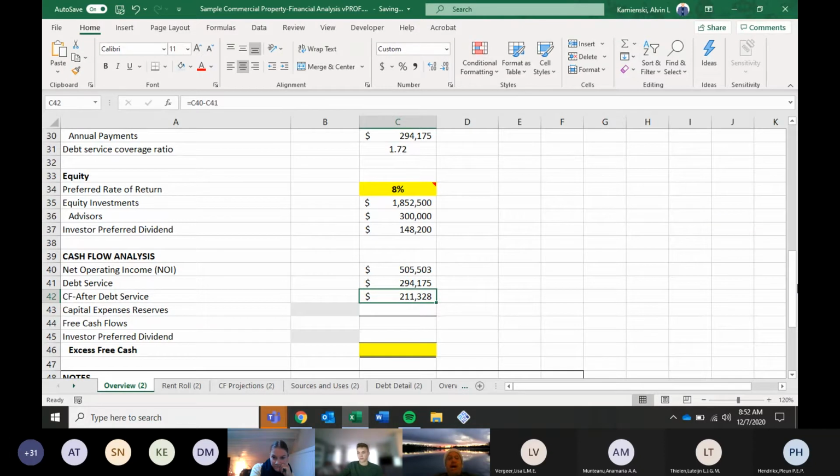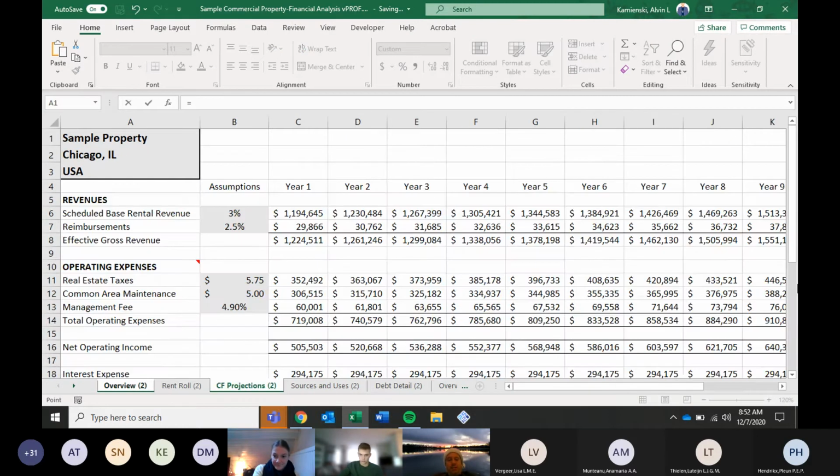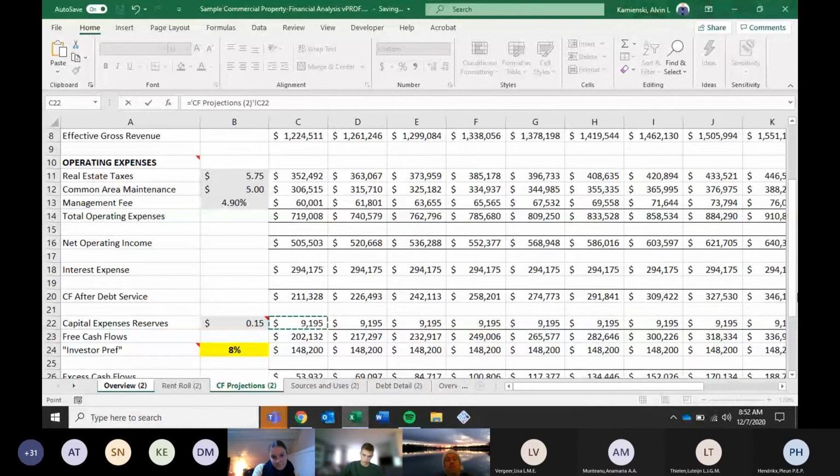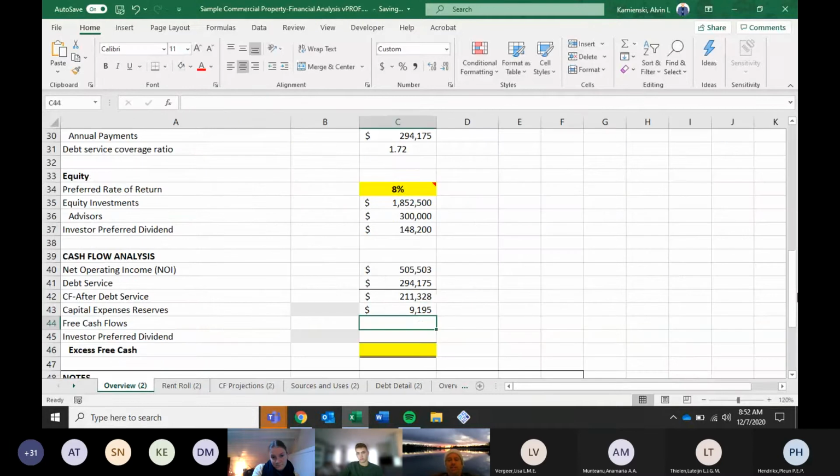That means I've got about $211,000 left. I need to make sure, though, that the building doesn't fall down. So from my cash flow projections, I went ahead and accrued for capital expenses so that we have the ability to fix the parking lot and the elevators and the roof if necessary, so that I've got money left over that's free for me to do whatever I'd like with it. And whatever I would like to do with that is pay you out, Maurice, more than anything.